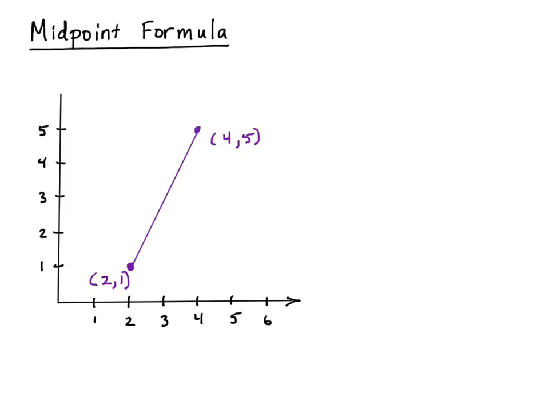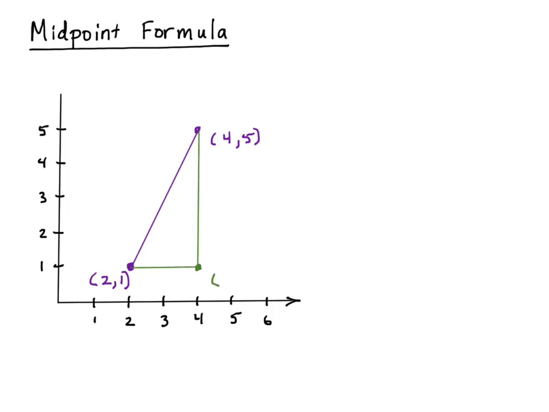If I look along just this axis, I'll notice that the point is halfway in between the two ends. And if I look at it this way, I'll know that that point is halfway in between these two as well. So halfway in between two values is really easy. It's just the average, right?